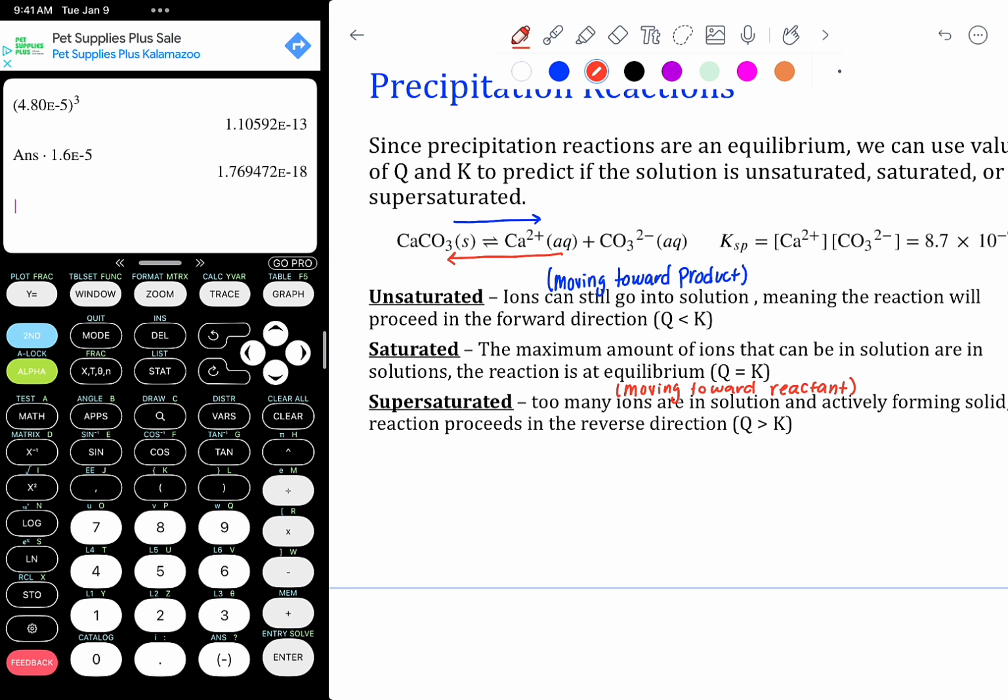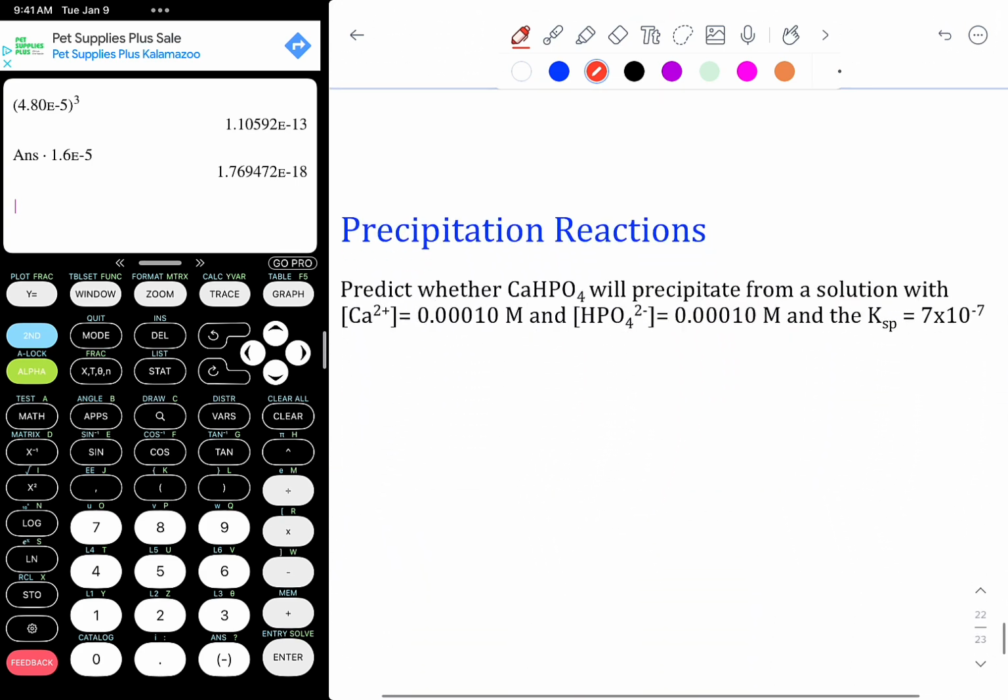Knowing how to calculate Q, we can say, yes, we can either put more ions into solution, or nope, we have enough ions in solution, we are going to be supersaturated and start forming solid again, or we're at equilibrium. So let's look at a practice problem that does just that.